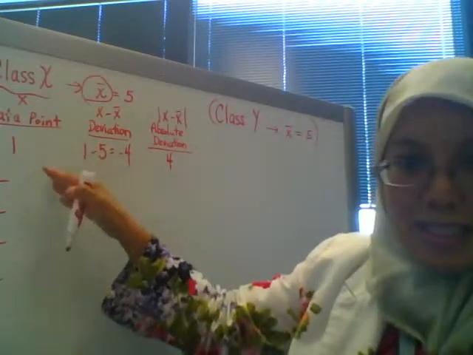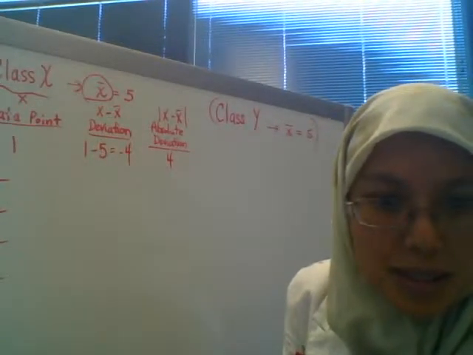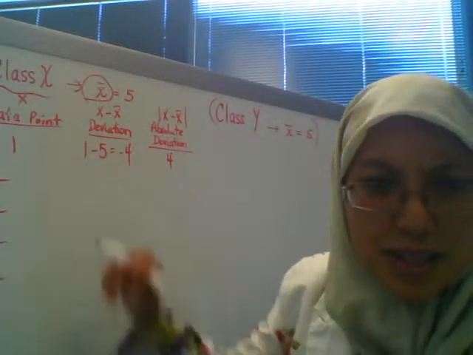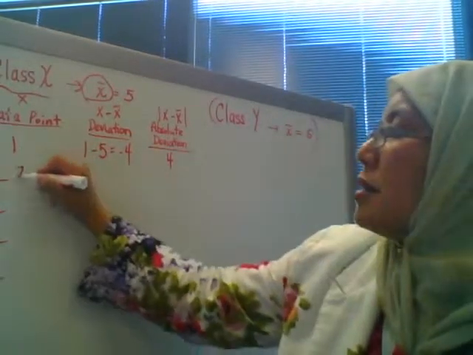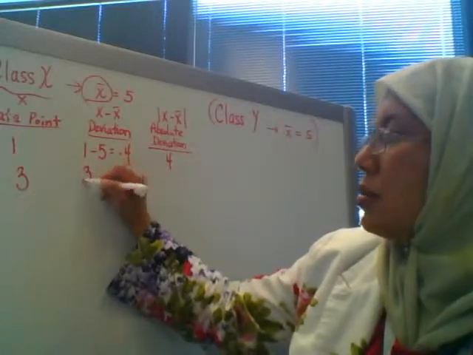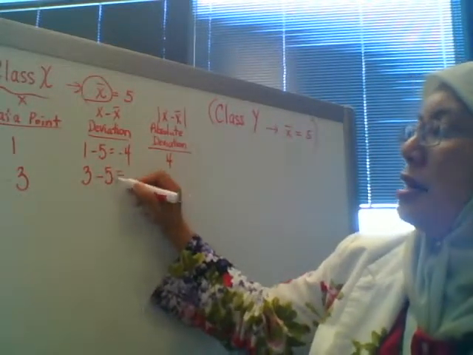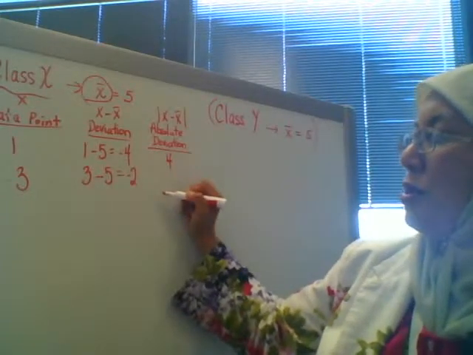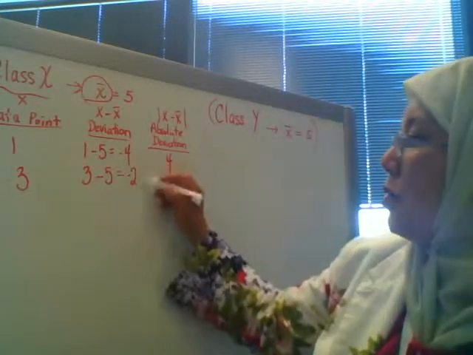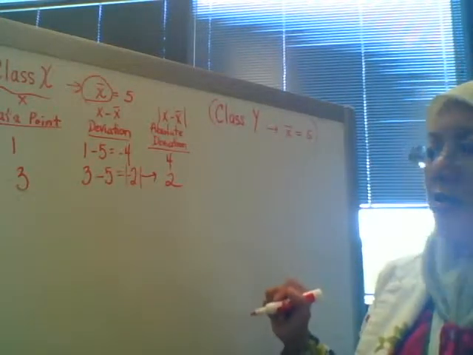Now you have to tediously go through each point, and I think the second point is, what is it, 3? Okay, 3. So you take that number, you subtract it from the average, which was 5, or the mean, so you get 3 minus 5, -2. The absolute value of -2 becomes +2, right?